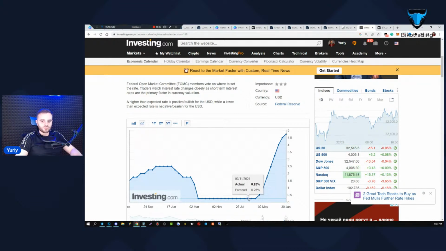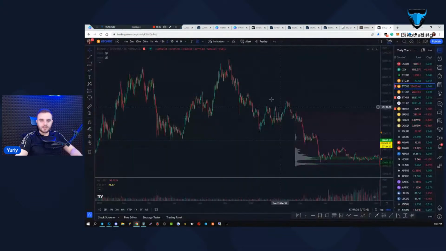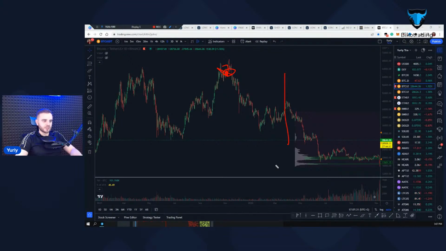Here they promised that they will raise interest rate, and only here they started raising. And have a look, here they promised, and only here they started raising.